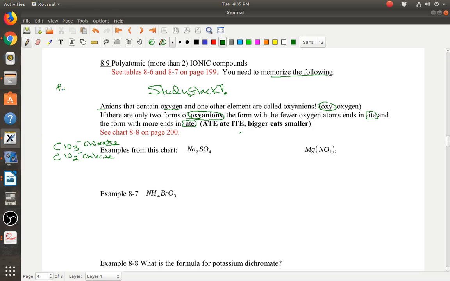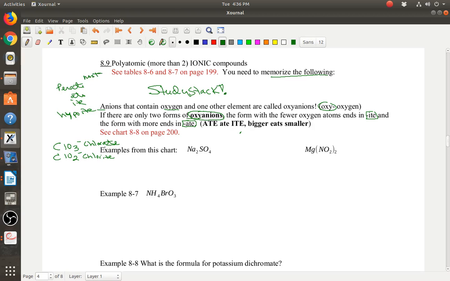So it's going to go per, "ate," "ite," hypo-"ite." That's how the names end. Per-"ate," "ate," "ite," hypo-"ite." The top one has the most oxygens, down to the smallest amount of oxygens.